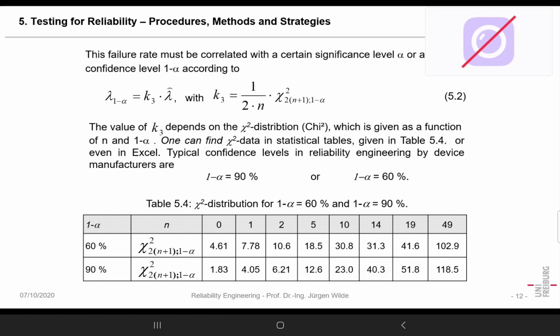If you give, now we had 1,000 FIT, yes? And yeah, you don't really know how probable it is that it is true.